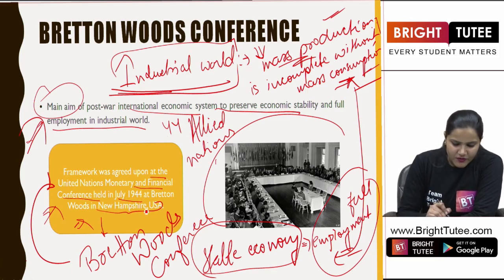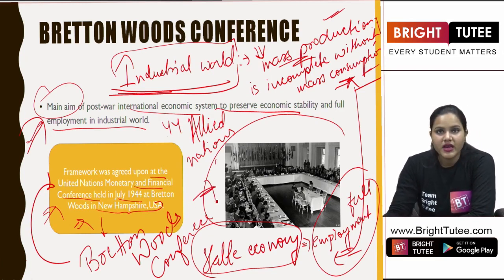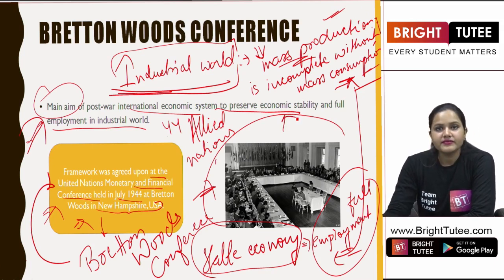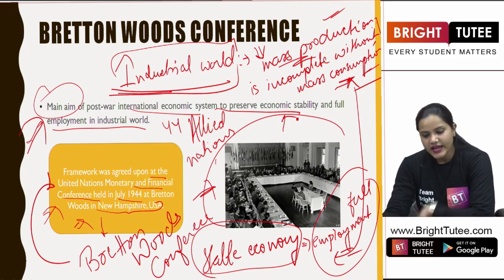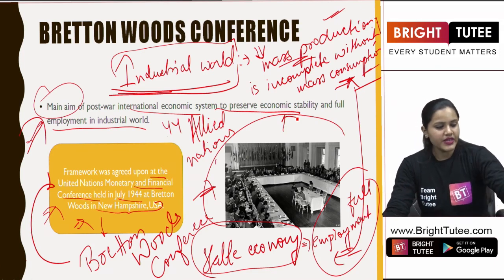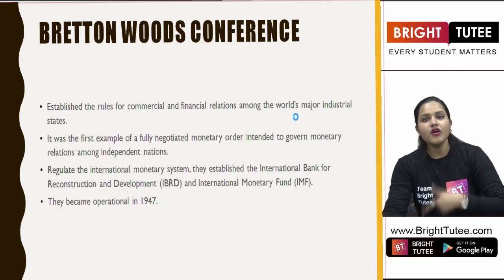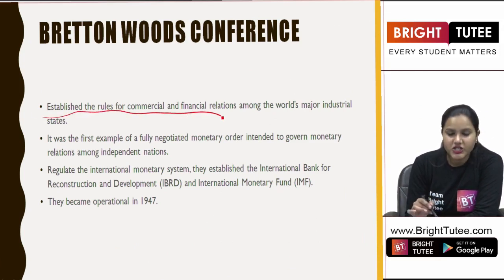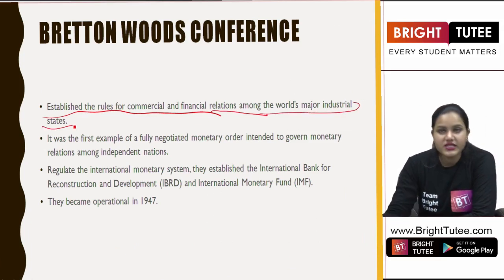In 1944, they all met here and finally they agreed on two things: full employment and economic stability. So emphasizing this, they agreed to work upon these two situations and how to recover. Finally, they established the rules for commercial and financial relations among the world's major industrial states.